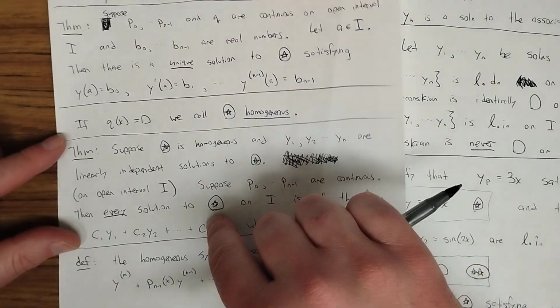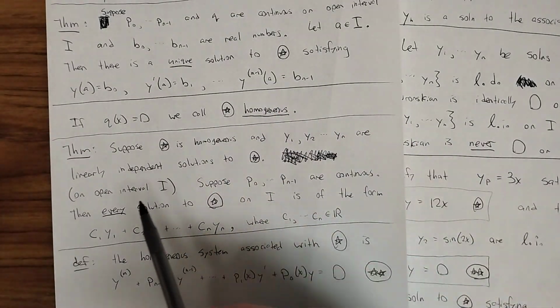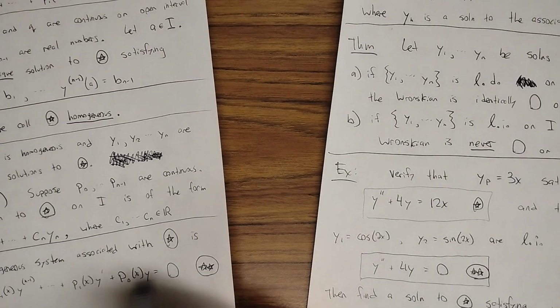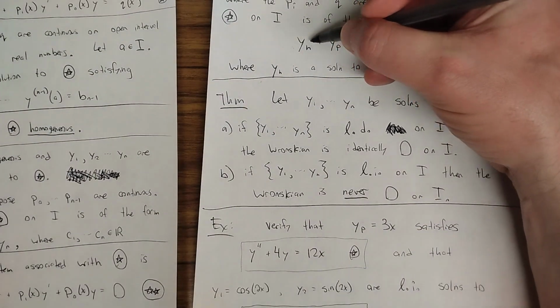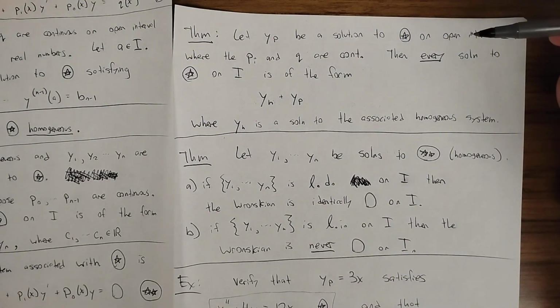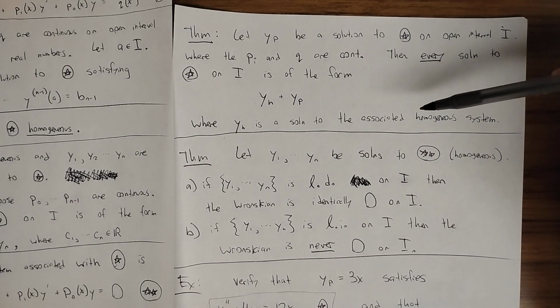That was this previous theorem, where we find n linearly independent solutions to it, and we take every possible linear combination of them. So if you take something like that and you just add your y sub p, which is your particular solution to star, then that's how you get every possible solution to star.